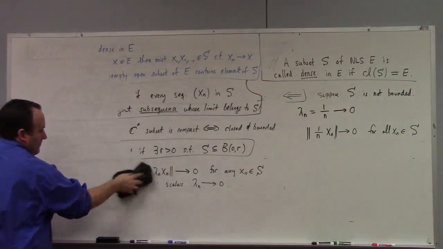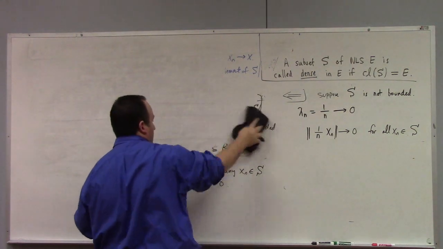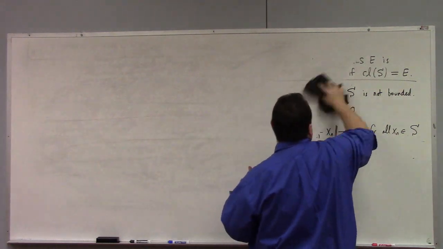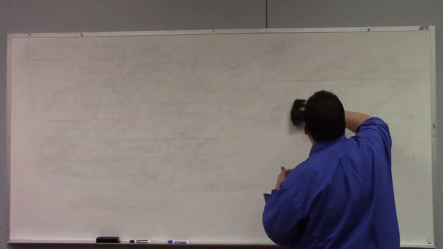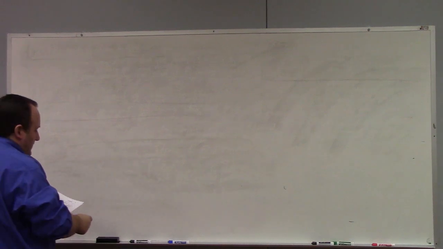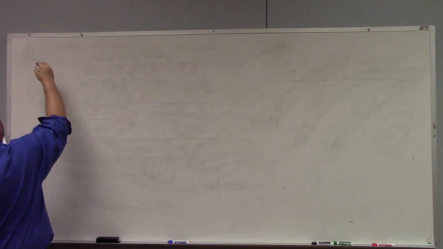All right. So the fact that a closed and bounded subset of Rn is compact, if and only if, that's special to Rn. Let's look at this theorem here.